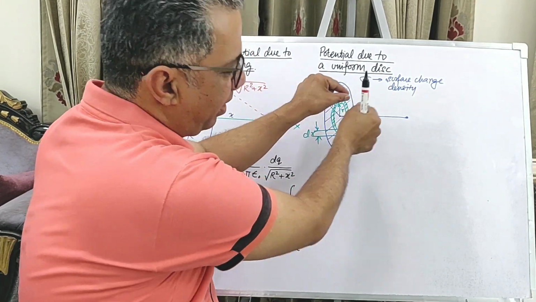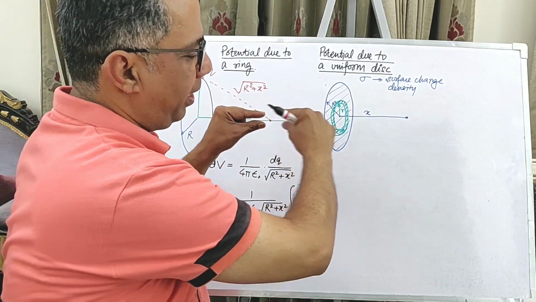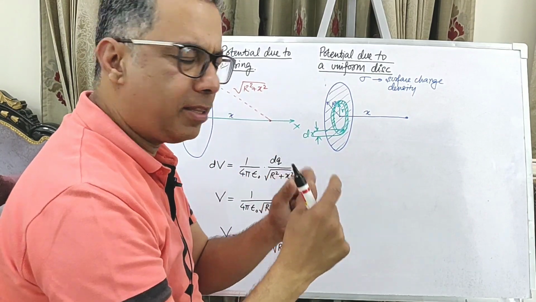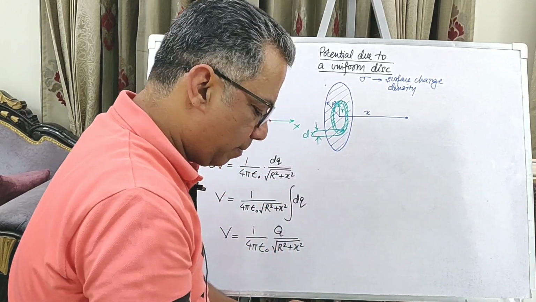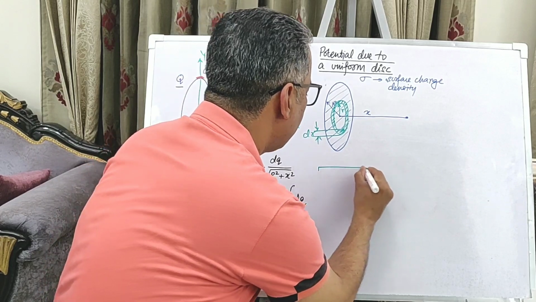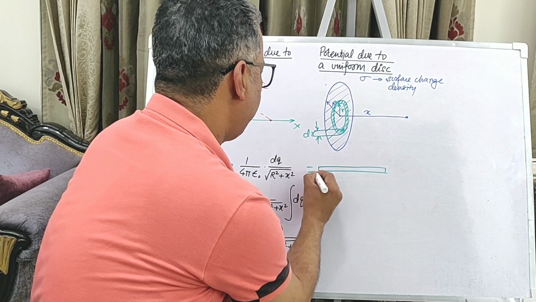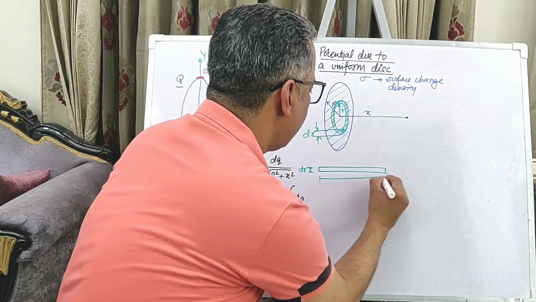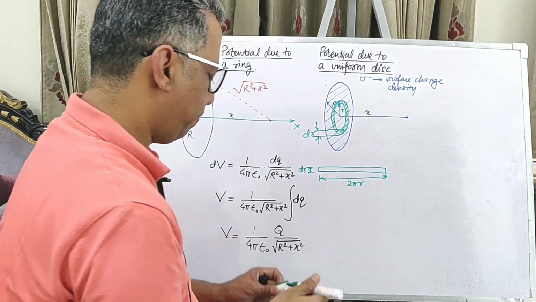So if you take this ring out of the disk, spread it straight, it has a length equal to 2 pi r and a width dr. So if you take it out and spread it over here like this, it has a width dr and a length 2 pi r.